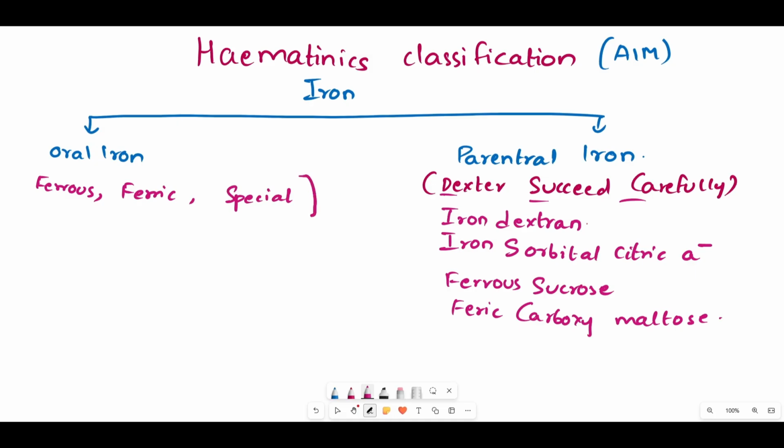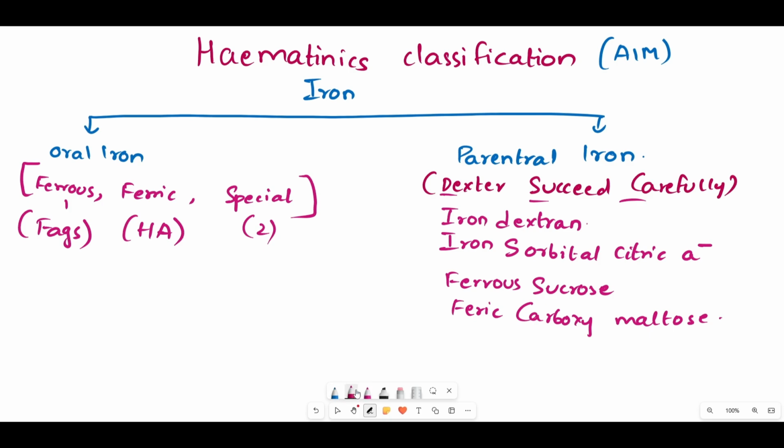Okay, just remember it as a trick. So ferrous, ferric and special. And here also in ferrous, remember it as fax, and in ferric, remember it as HA, and special you will be having two drugs here.